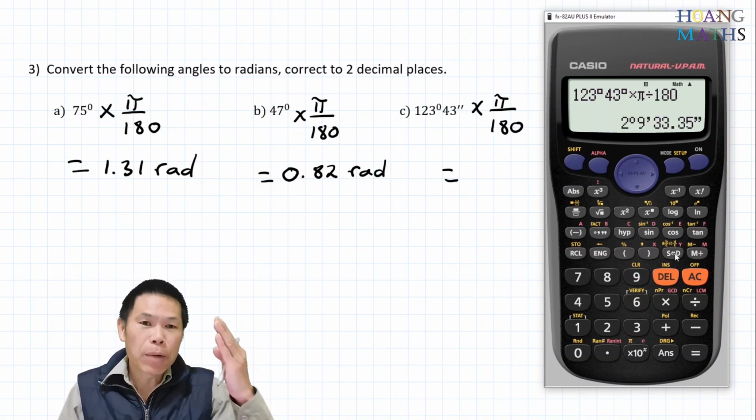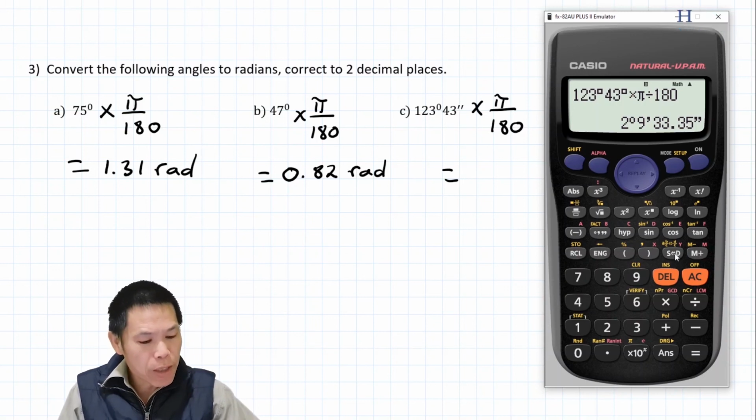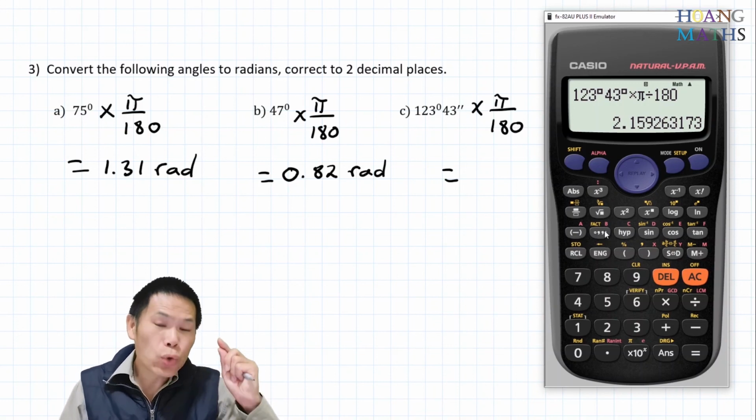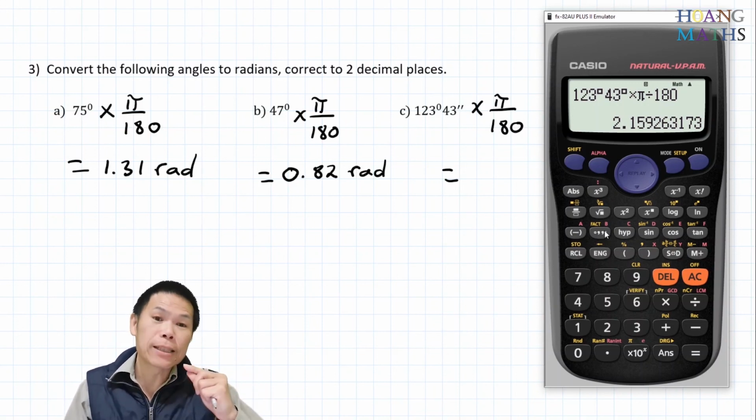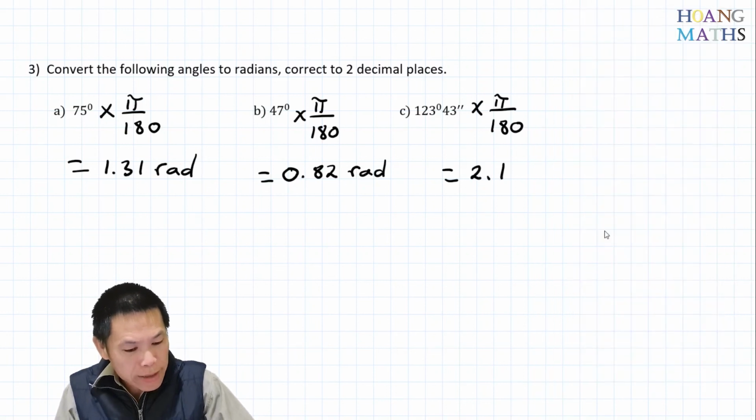Then we get this, but the calculator doesn't know what's happening, so we need to press DMS, because this is actually not plain degrees. So we press the degrees-minutes button, the bubble button if you like. So that's it. 2.16 radians.